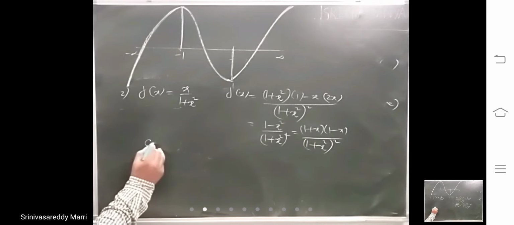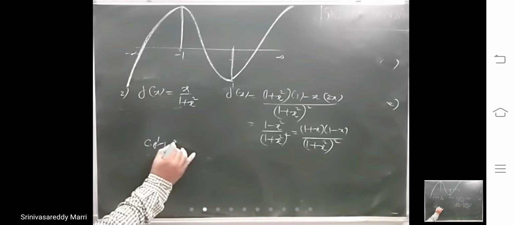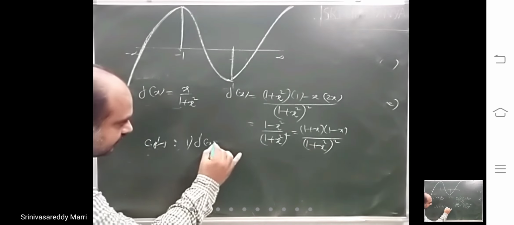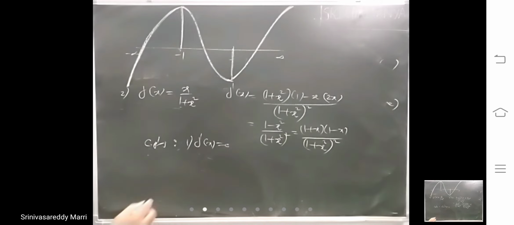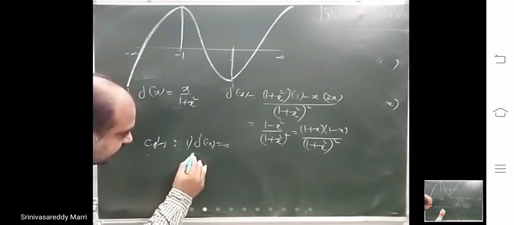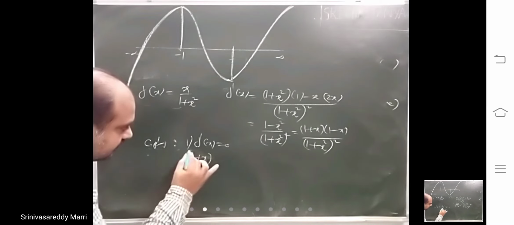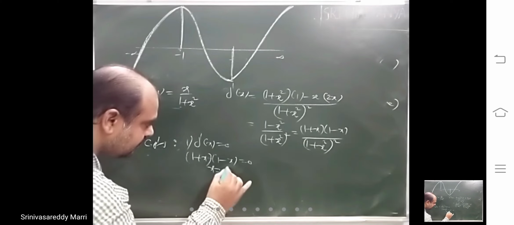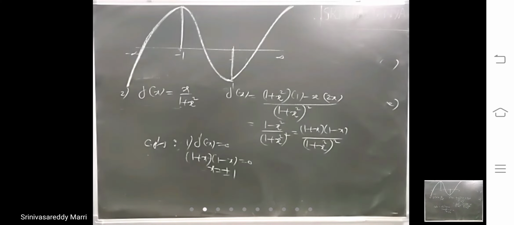The next step is critical points. Critical points number 1: f dash x equal to 0. That means (1 plus x) into (1 minus x) equals 0, so x equals plus or minus 1.